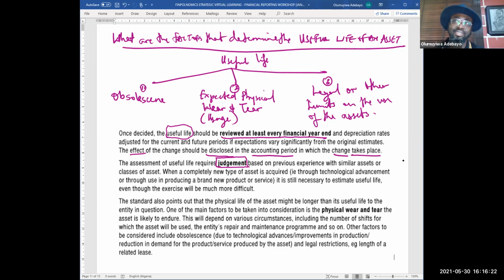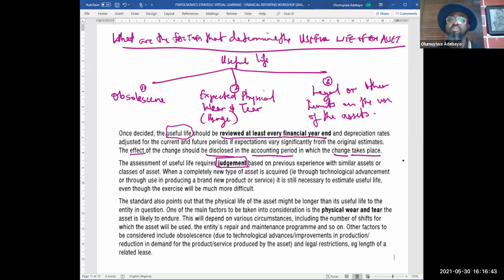Or it can be accelerated, which means initially you said it will be 4 years, but the condition of the car has shown that it will not last that long, which then means that you now accelerate depreciation. Okay? Whereas if it's going to extend, you defer more of the depreciation to future periods. And that's what it means.